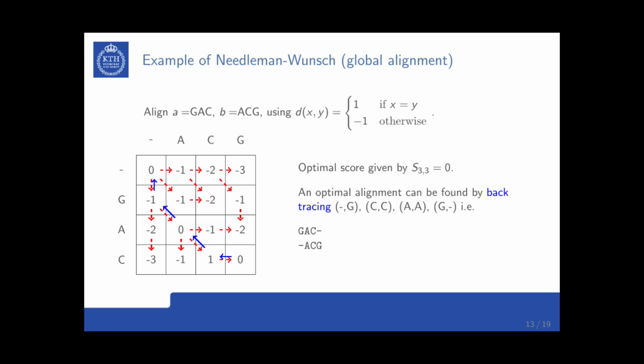If we now put that in reversed order, we see the final alignment as G, C, a gap, and then the gap, A, C, G. Sometimes in these examples you will note that there are multiple different paths that will be able to end up with the same score. That's actually a reflection of the fact that there are multiple different alignments that might have the same score. In this case, however, there was a unique solution to the problem.